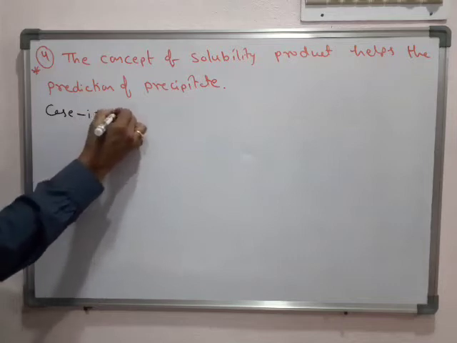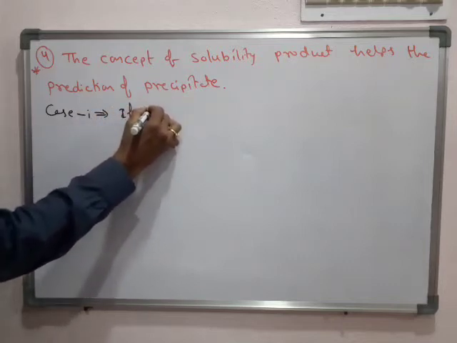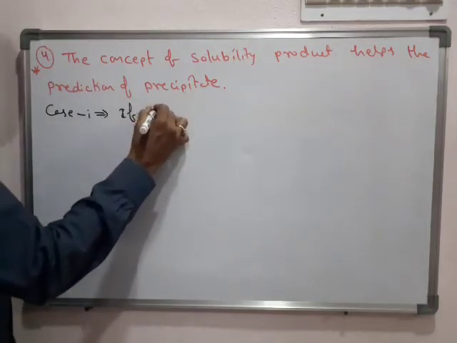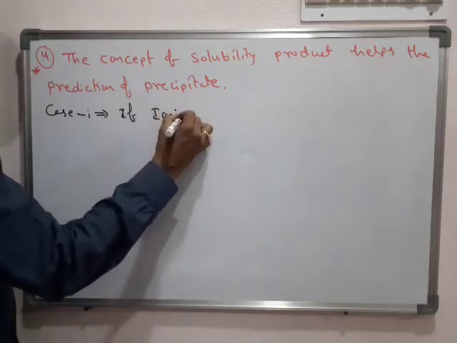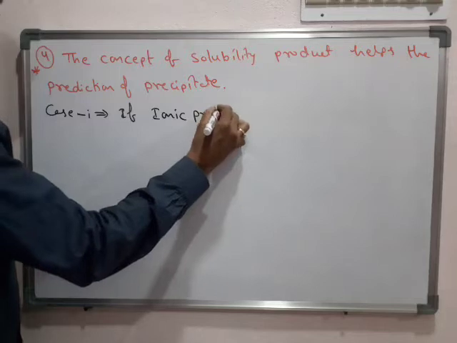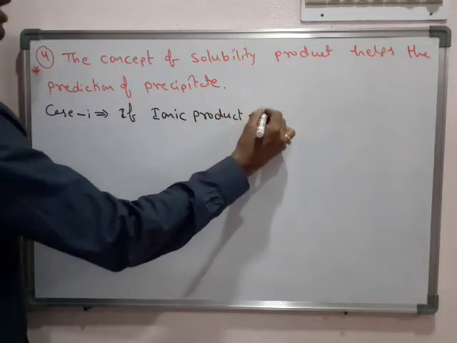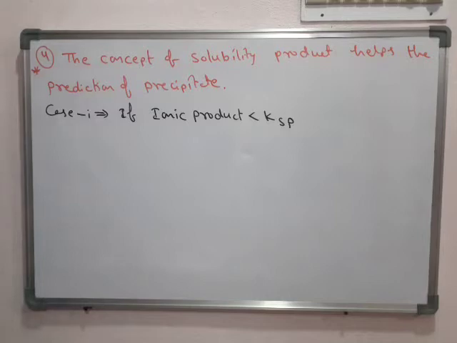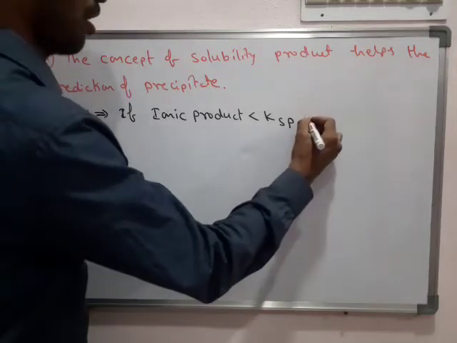In case 1, solubility products are nothing but ionic product, actually we can write this also. If ionic product is less than solubility product, there is no precipitation formed.